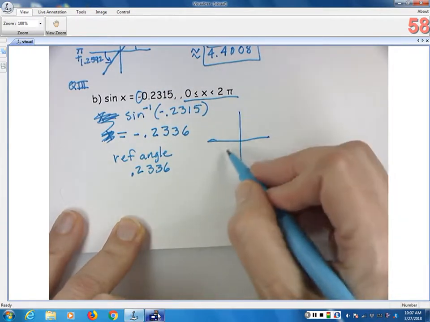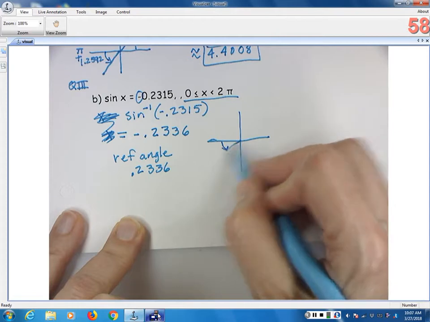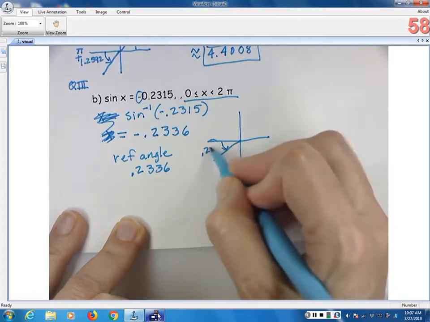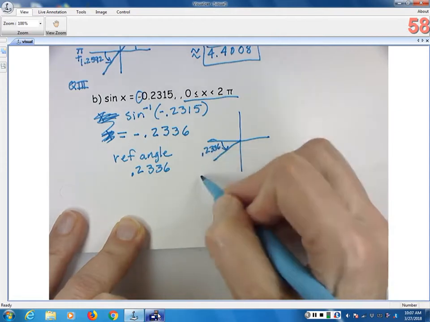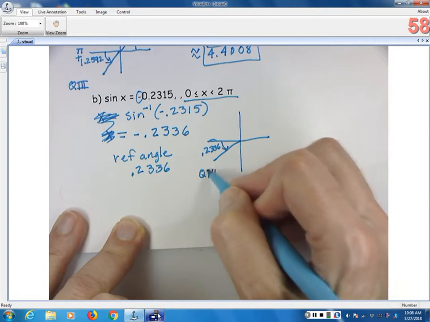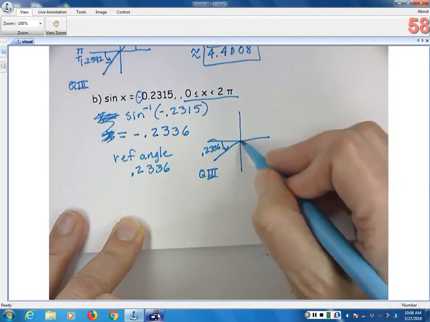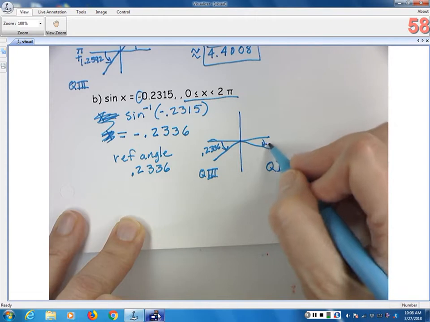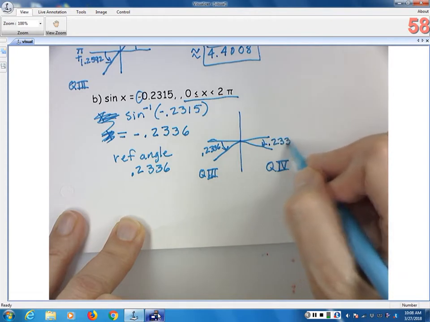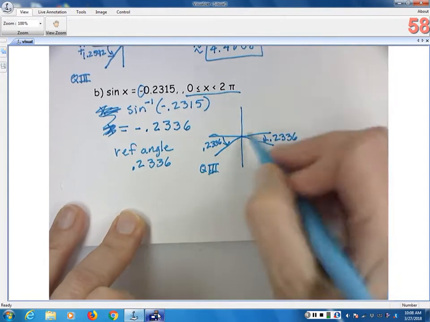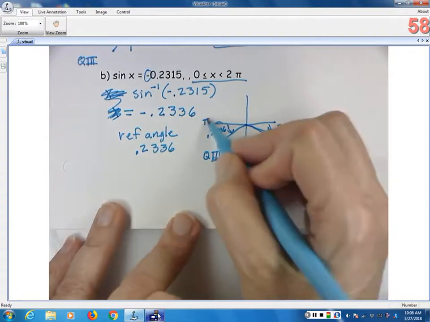So we got to go 0.2336. This is quadrant 3, quadrant 4. We got to go 0.2336. So on this one, we got to add pi.